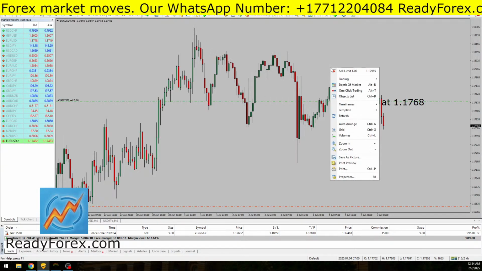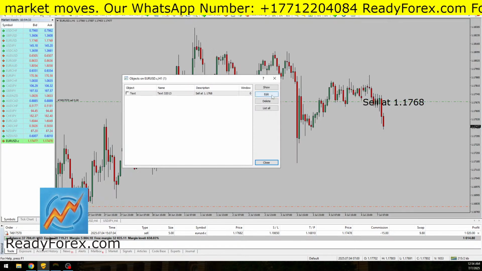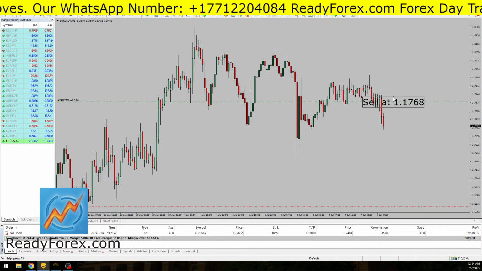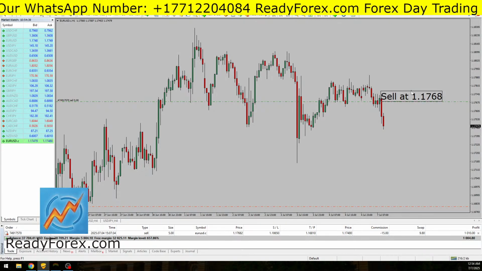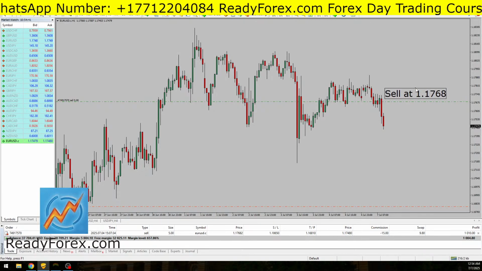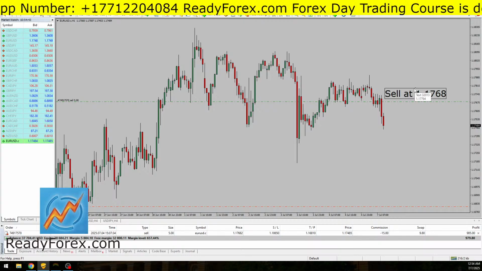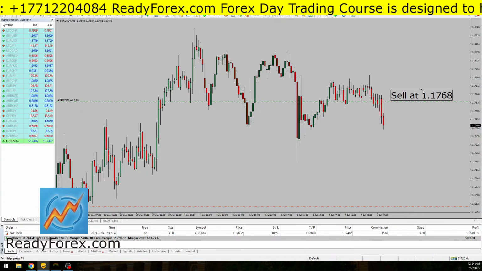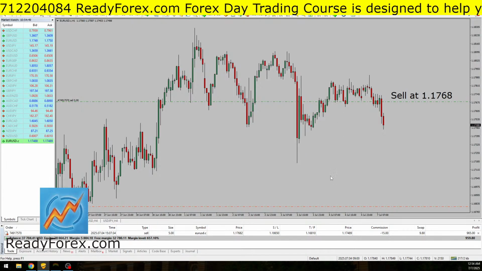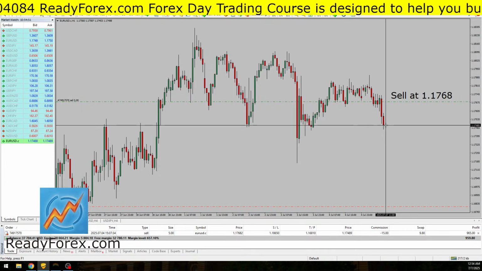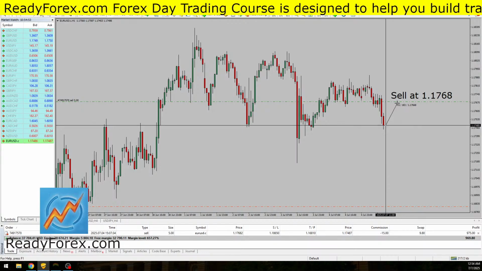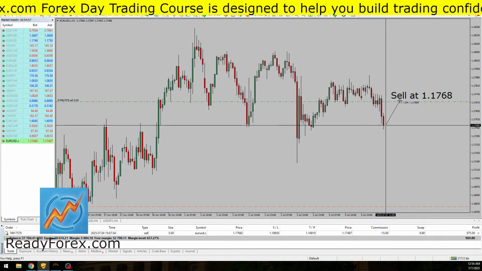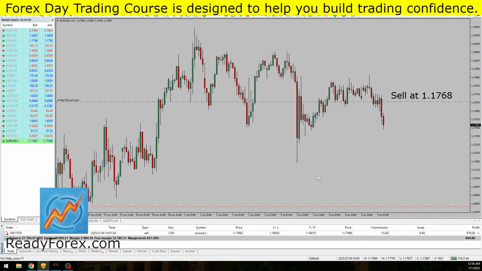Okay, so 1.1768 is the sell entry, and I've taken this trade on Friday. I went over the weekend actually. Anyways, the point is that right now price has moved up around 20 pips in my favor, I would say.